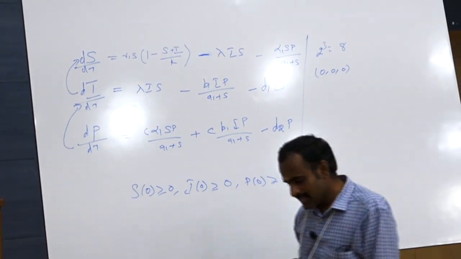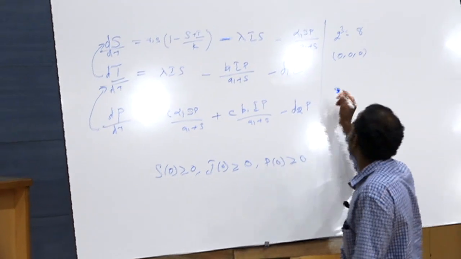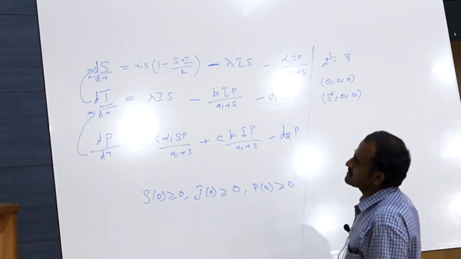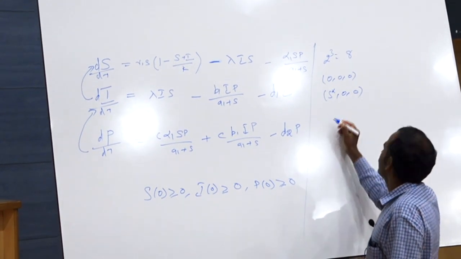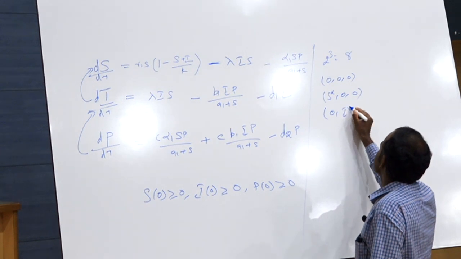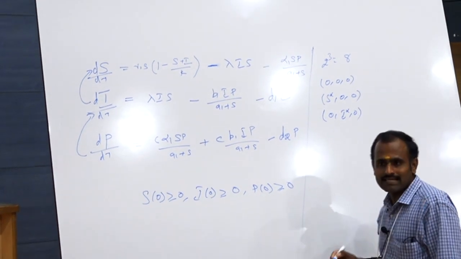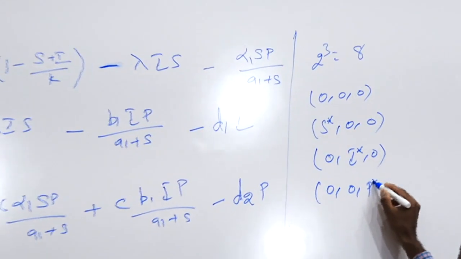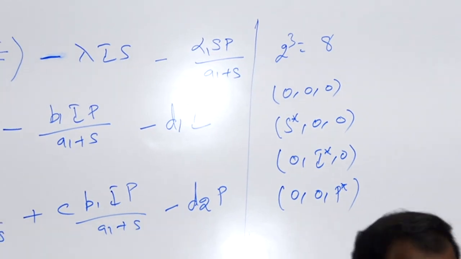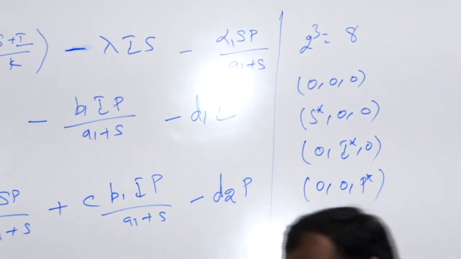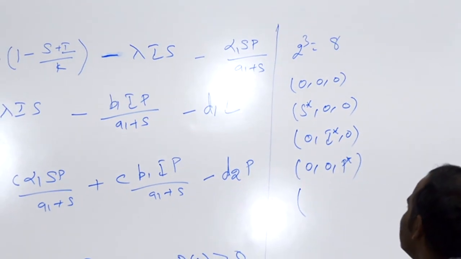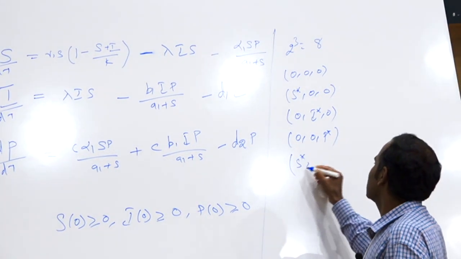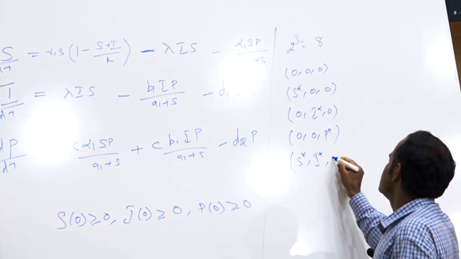Second are the axial equilibrium points, denoted here by S star, 0, 0, this is the susceptible prey axial equilibrium point, and 0, I star, 0, this is the infected prey axial equilibrium point. Then 0, 0, P star, this is the predator axial equilibrium. The next one is the predator free equilibrium point, denoted by S star, I star, 0.